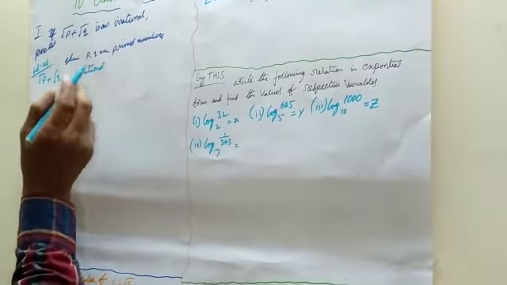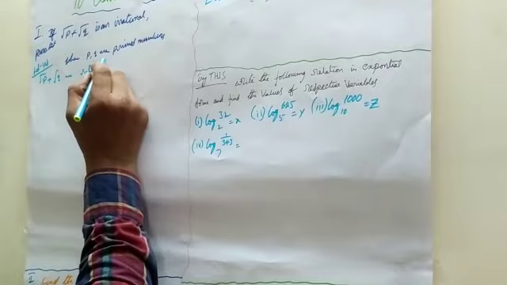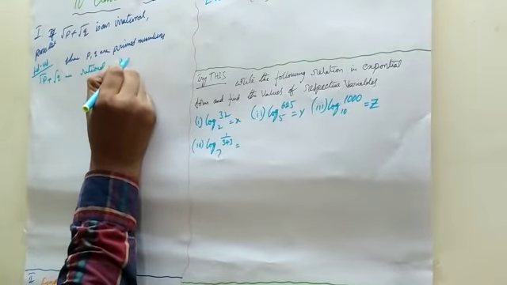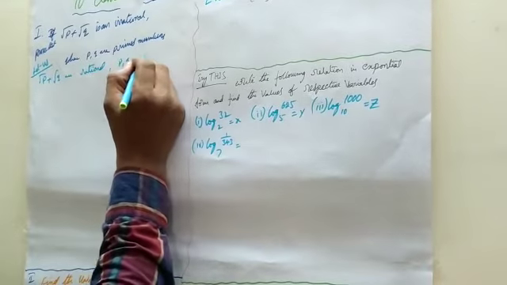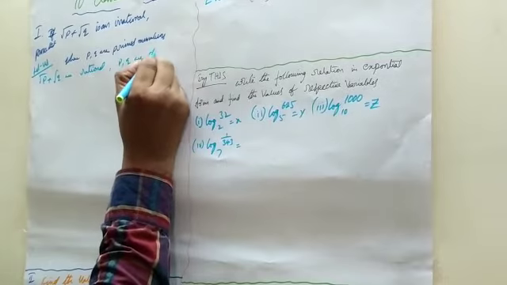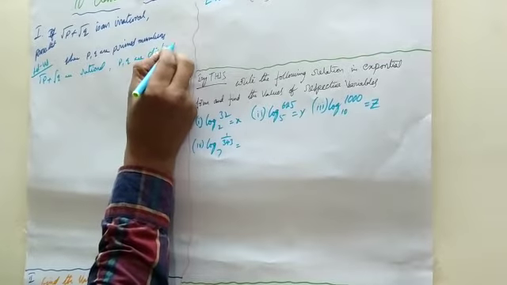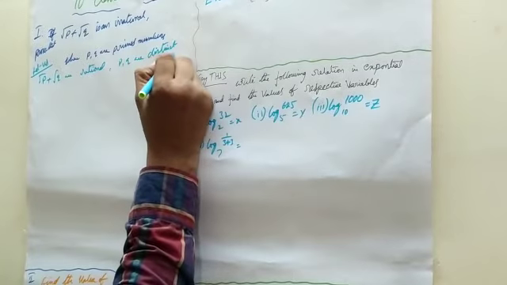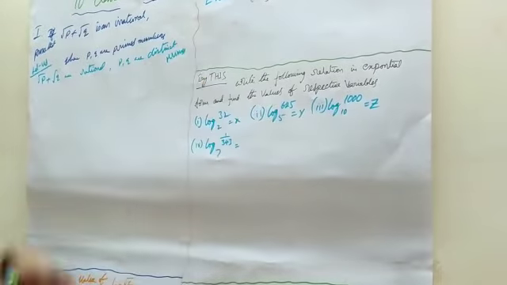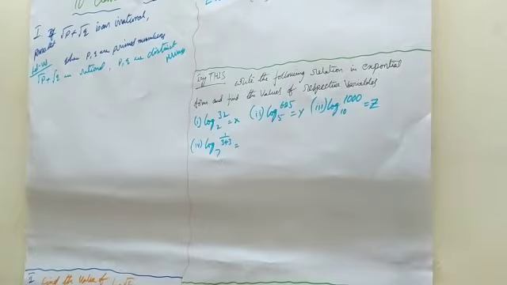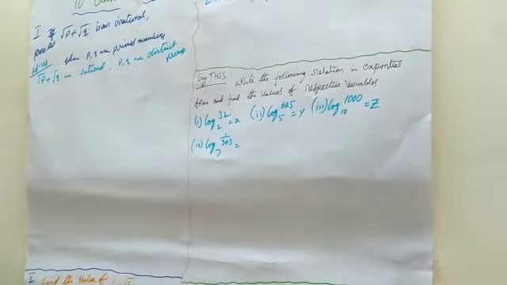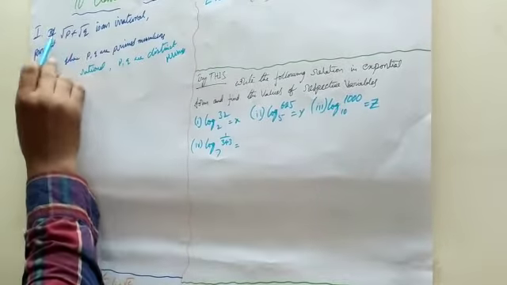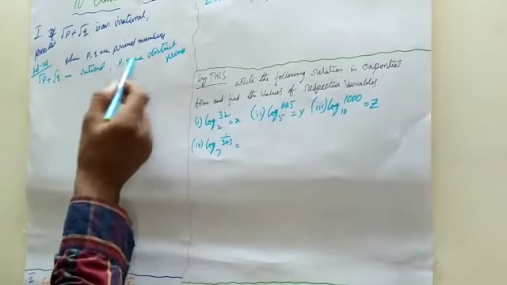Let us take root p plus root q as a rational number, where p and q are distinct primes. What is the meaning of distinct primes? Dissimilar, like root 2, 3, 5.